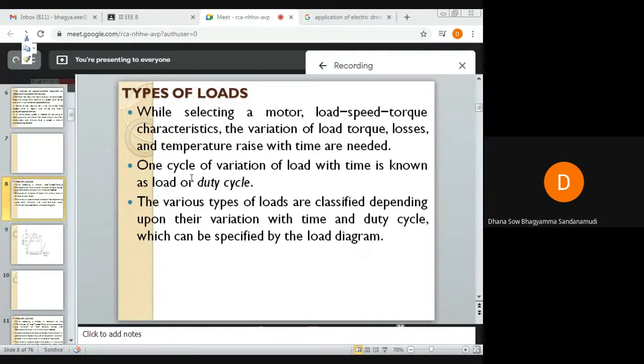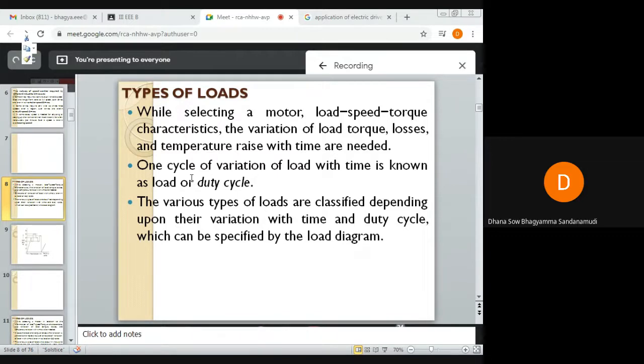So the various types of loads that occur in industrial applications can be classified depending on their variation with respect to time and the duty cycle.